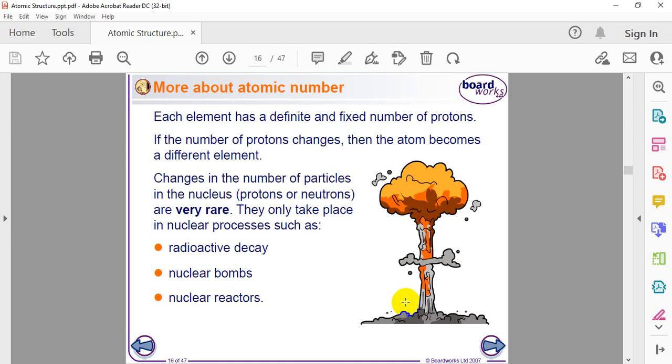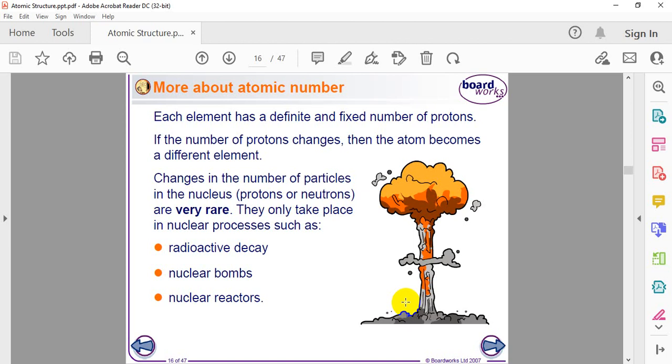They only take place in nuclear processes such as radioactive decay, nuclear bombs, and nuclear reactors. This is what it means that the protons and the neutrons form the core, the most central and important part of the atom. That is, they are found in the nucleus.